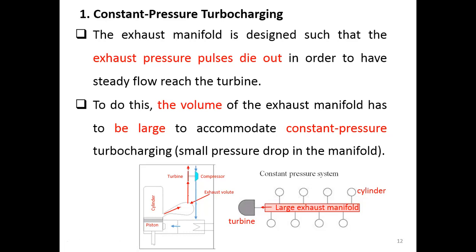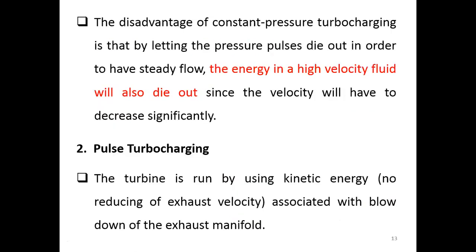Okay, so this is one approach, in order for the turbine to receive the steady flow. Even though by using this approach our turbine can have a steady flow, the disadvantage of this constant pressure turbocharging is what?